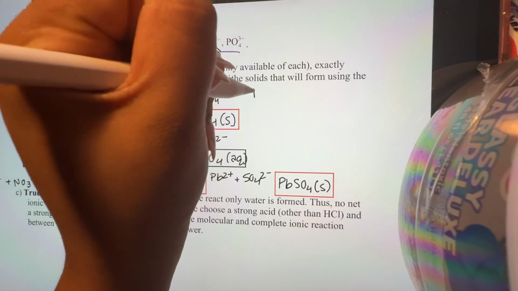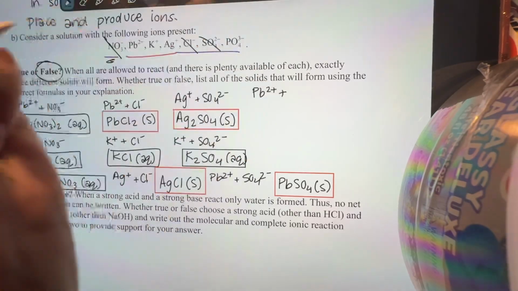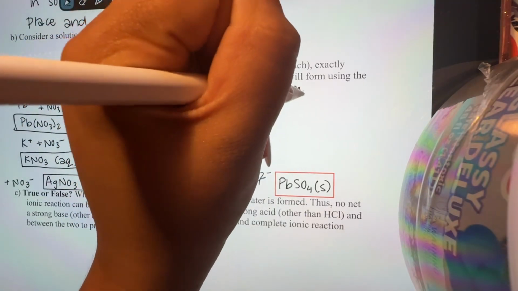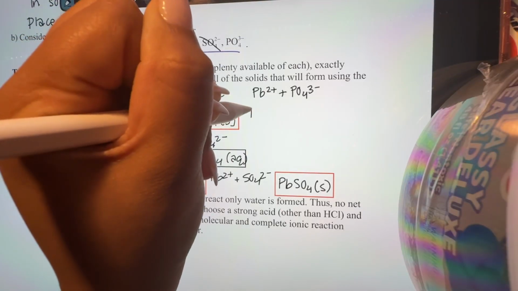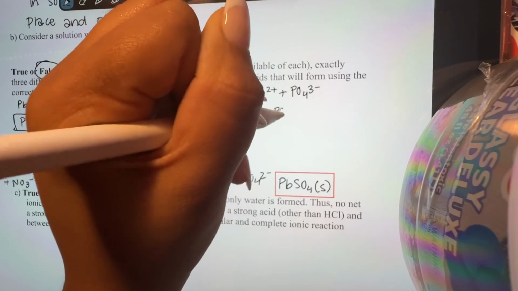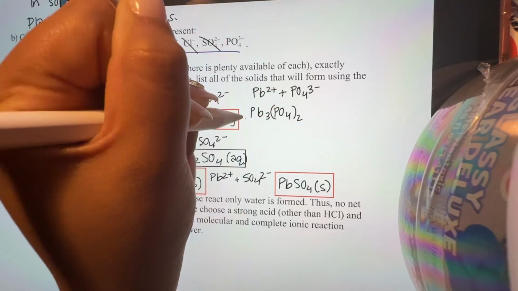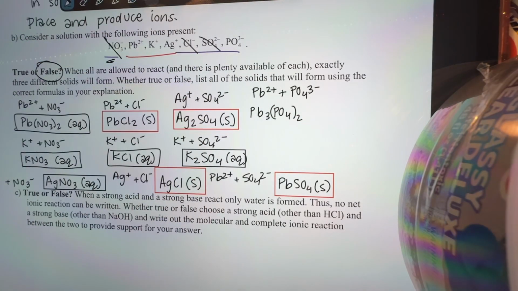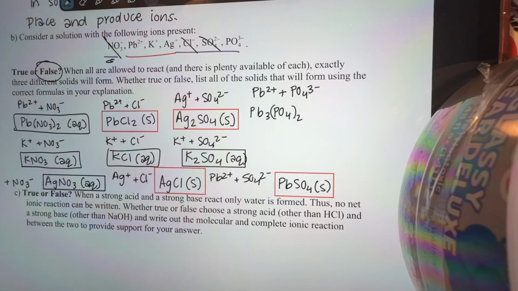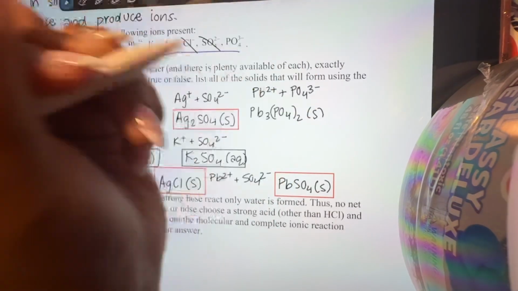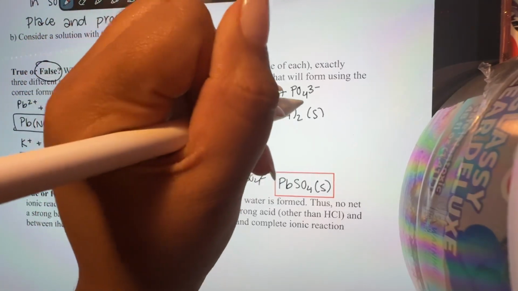Pb2 plus PO4 3 minus gives you Pb3(PO4)2. Okay, before I box that, Pb3(PO4)2. So since Pb, I have my periodic table. Since Pb is not a group 1 and PO4 3 minus is not mentioned in solubility rules, I'm going to go ahead and say this is a solid according to rule number 8.